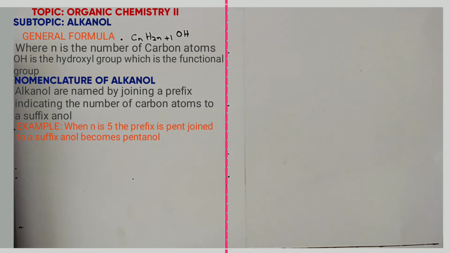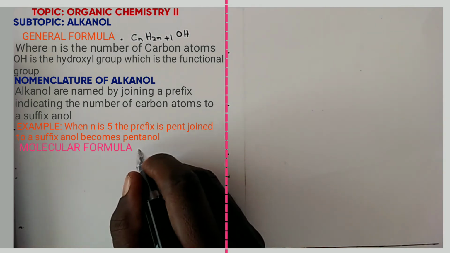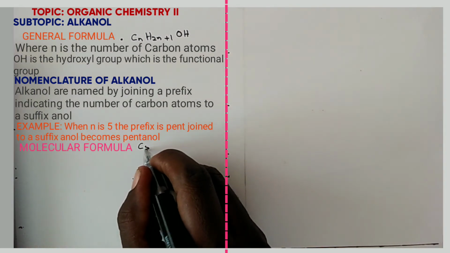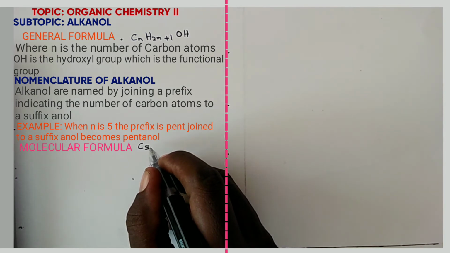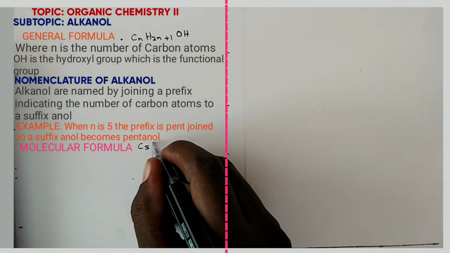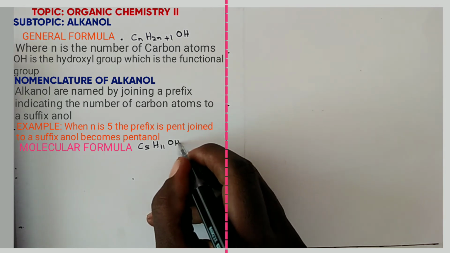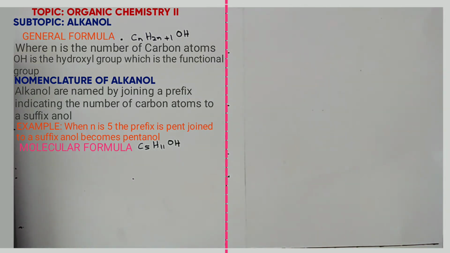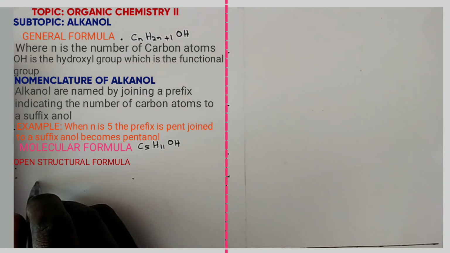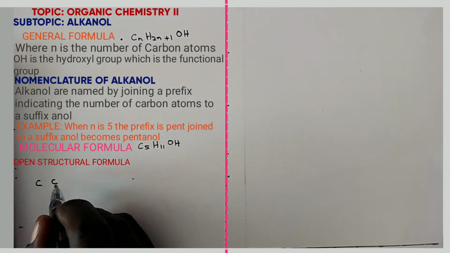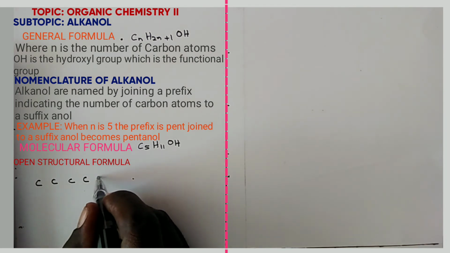The molecular formula of pentanol is C5, 2 times 5 is 10 plus 1 is 11, H11, then you have OH. Now the open structural formula for pentanol becomes: you draw 5 carbon atoms, 1, 2, 3, 4, 5.